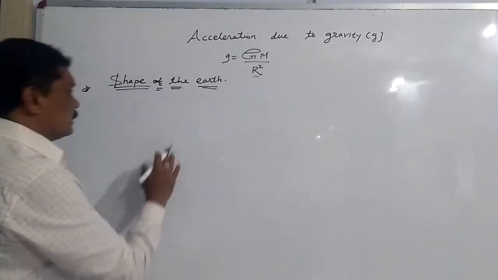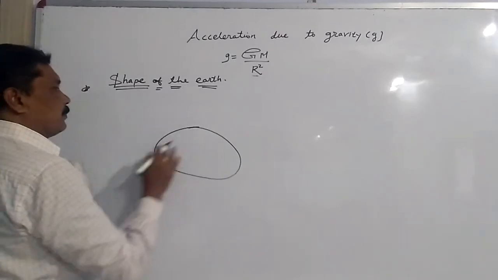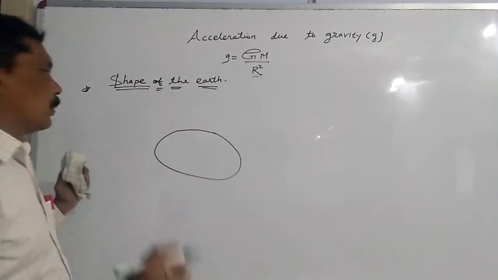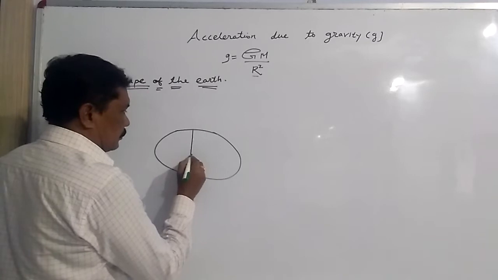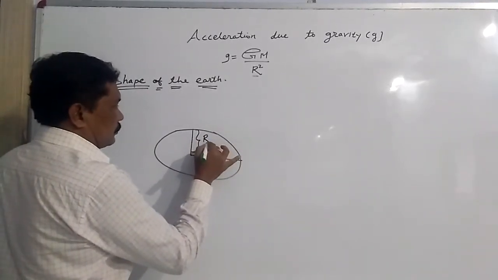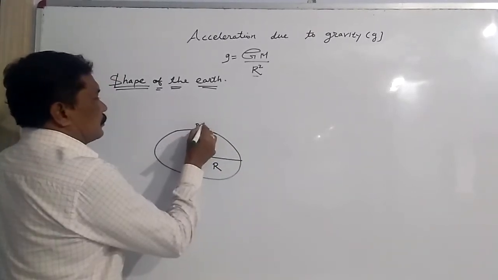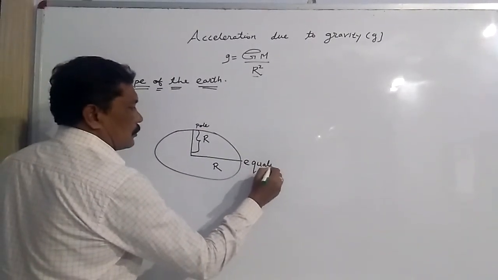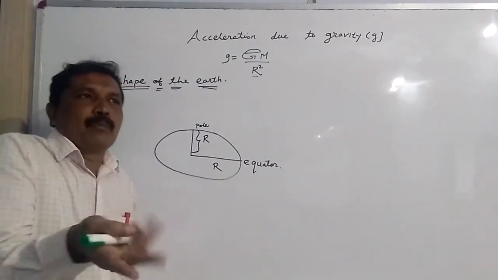And we all know that the shape of our earth is not a perfect sphere. It is oval in shape. The earth has two types of motion.